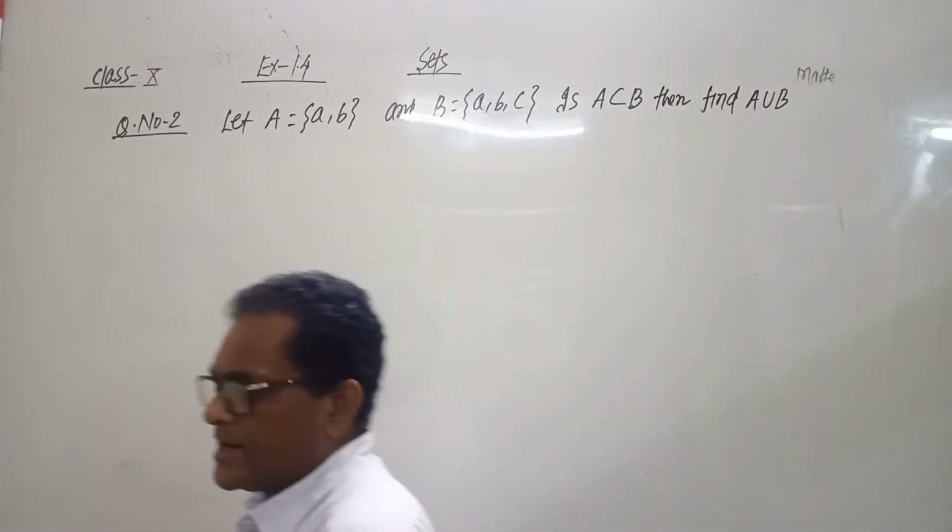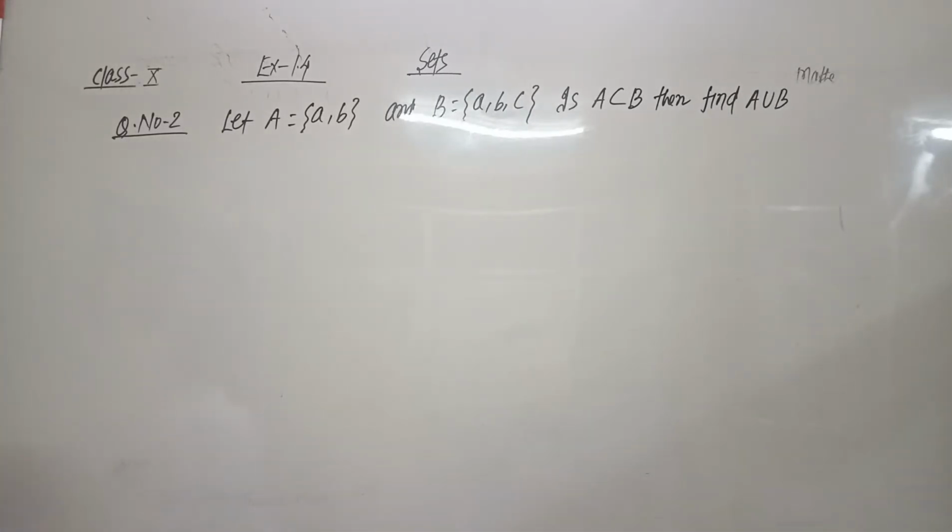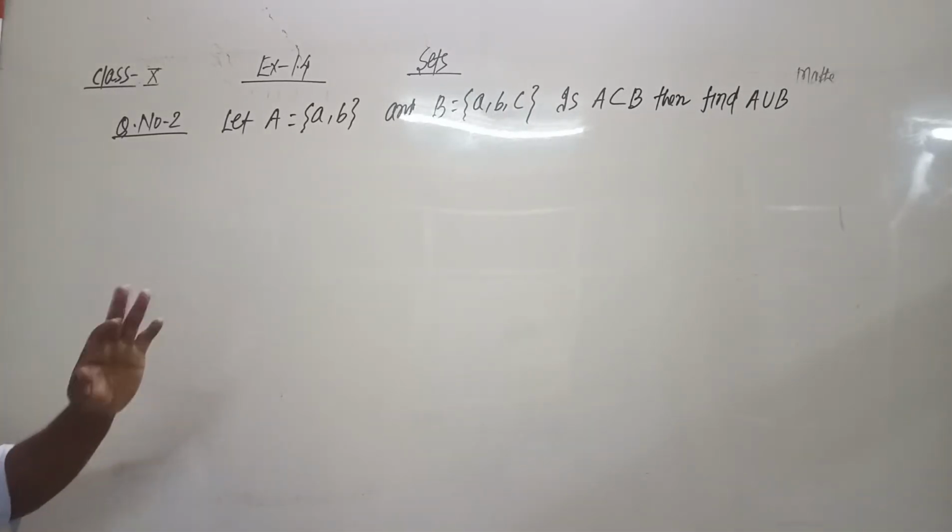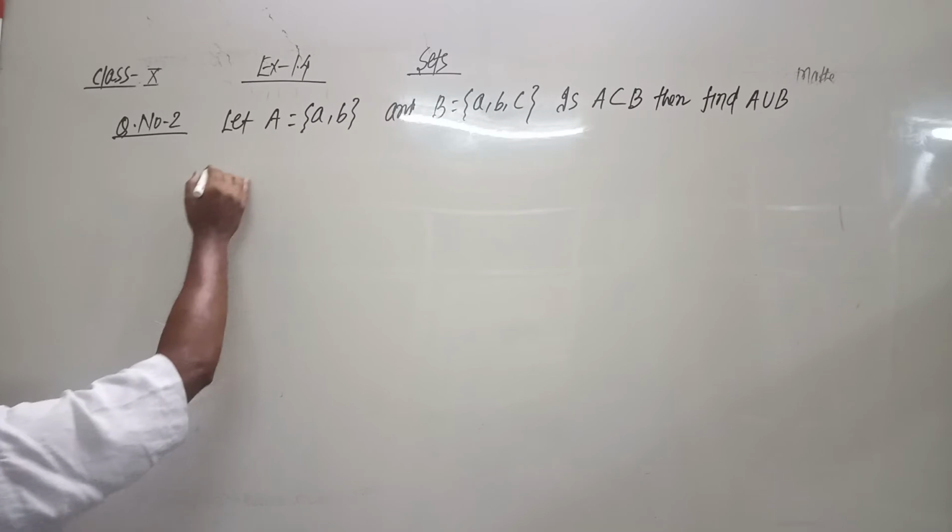So the first part is we have to say whether A is a subset of B or not.